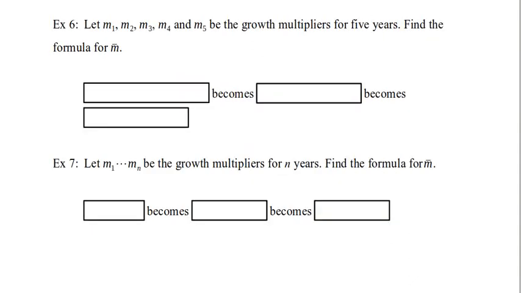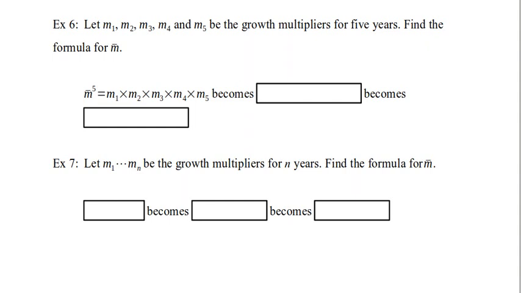We're just given 5 growth multipliers, m1, m2, m3, m4, and m5. So we're going to do exactly what we did with the arithmetic, but now entirely with variables. Because we're interested in a growth multiplier for 5 years, we're going to raise m bar to the 5th power, and we're going to set that equal to the product of those m's.